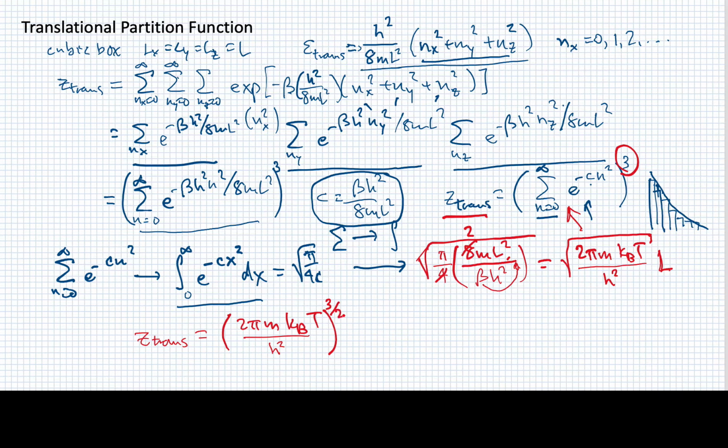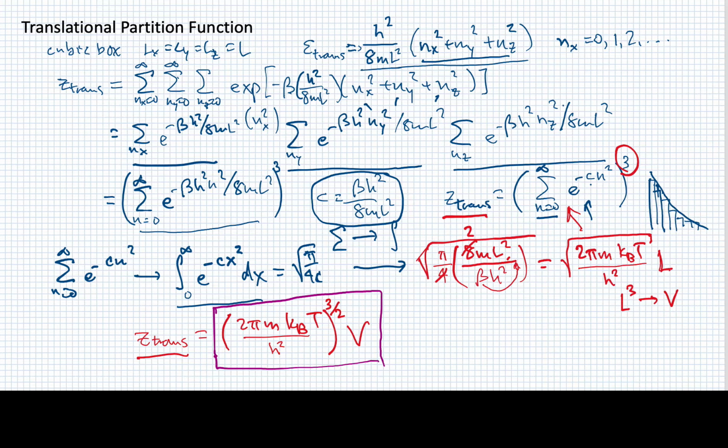When I take L and cube it, what is that? Well, that's just the volume of the system. So in fact, I get this really nice compact form for the translational partition function of this molecule in the box, and it's such a special form, I'm going to put a square around it, because this is our final result for the partition function for translation.